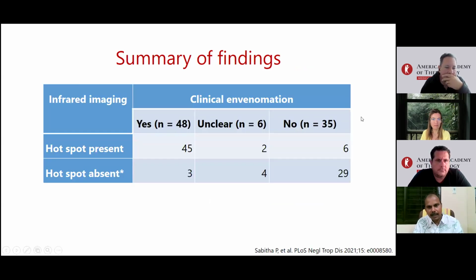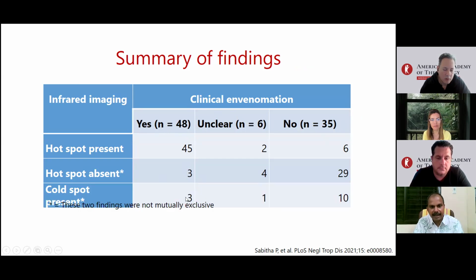This is where our entire findings are summarized in the 90 odd patients. In 48 patients with clinical envenomation, 45 out of 48 had hot spots, whereas only 6 out of 35 patients without envenomation had hot spots. Even in those three patients where hot spots were absent, cold spots were apparent in the baseline imaging.